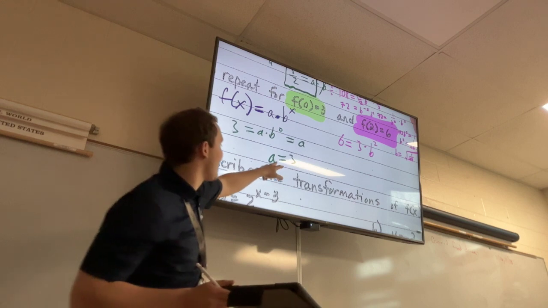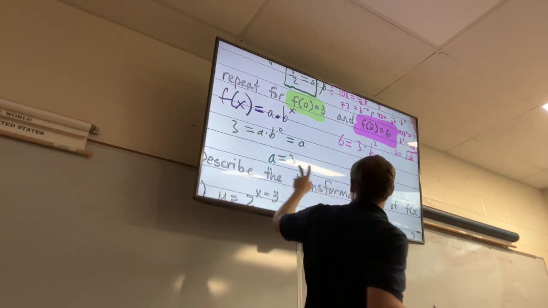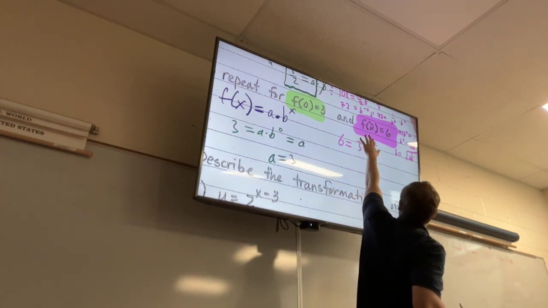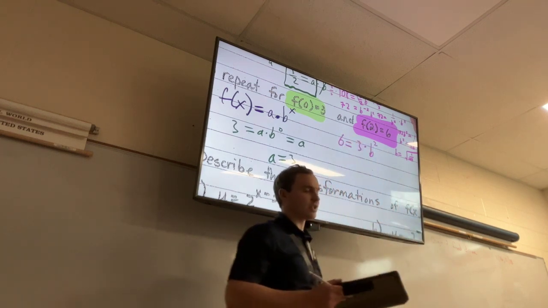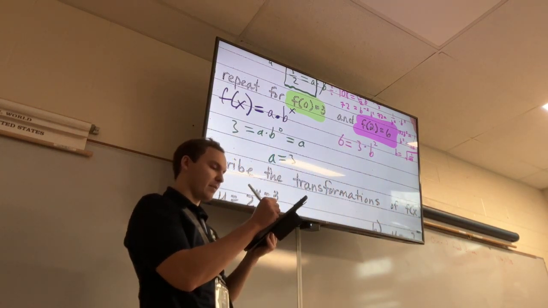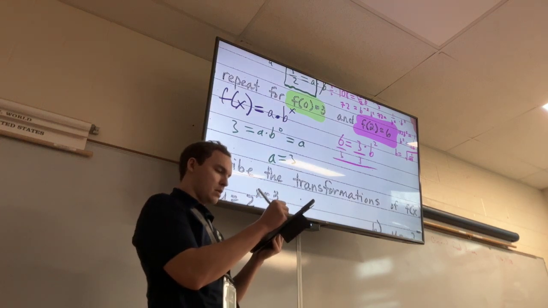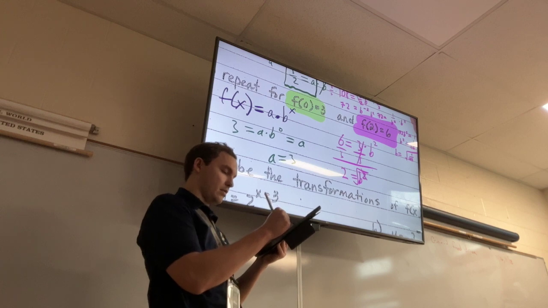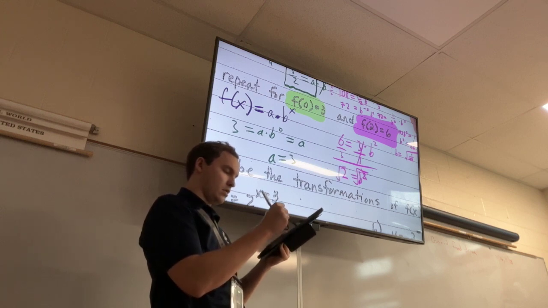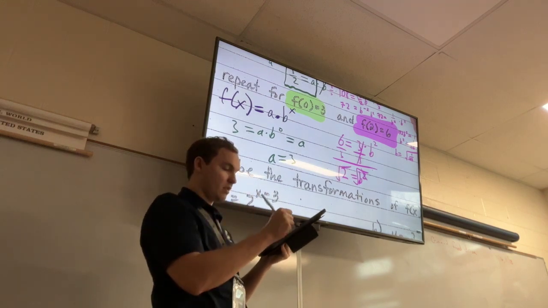And then we use that a. We plug in our a, our f of x, and our x to give us an equation we can use to solve for b. When we solve this for b, we divide both sides by 3. We get 2 equals b squared, so b equals the square root of 2.